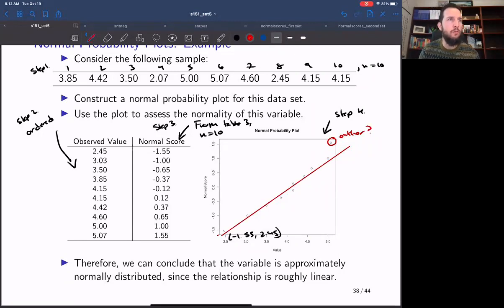Jordan, what slide is table 3? It's not on a slide. It's a separate table. It's on Blackboard. It's labeled normal scores. All right. Any other questions?